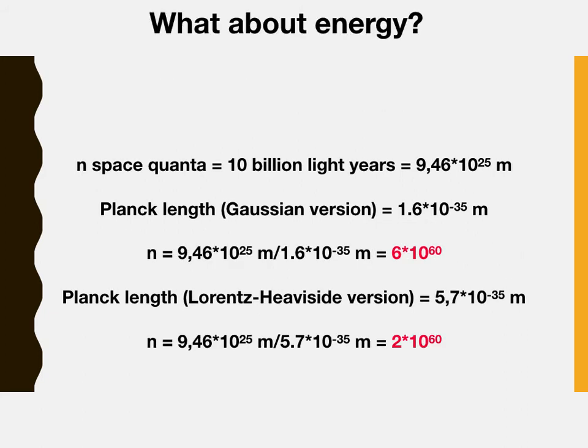If I'm not mistaken, and this might well be, hey, I'm an idiot, n would be 6 times 10 to the 60th, according to the Gaussian version, and a third of that according to the Lorentz-Heaviside version. This means 10 billion light years correspond to 6 times 10 to the 60th space units, if you use the Gaussian version of Planck length.